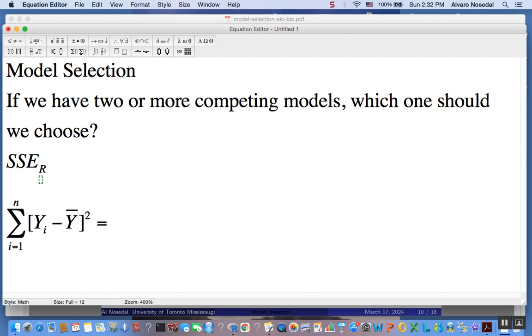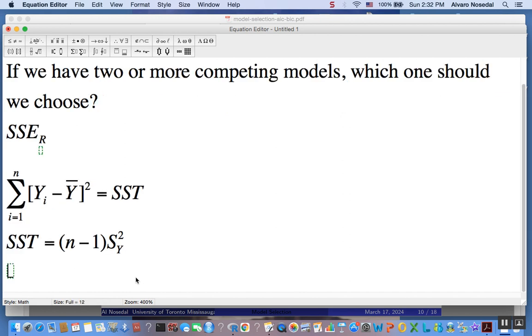Now this is what we refer to in linear regression as the sum of squares total. We know that one way of finding the sum of squares total would be n minus 1 times the sample variance, in this case the sample variance of your variable y.